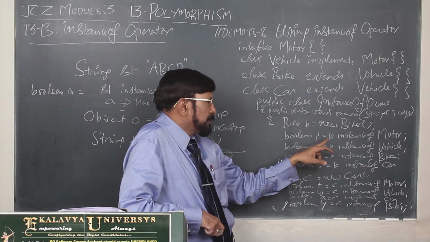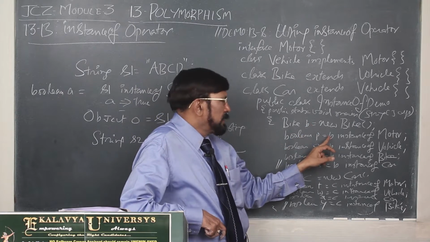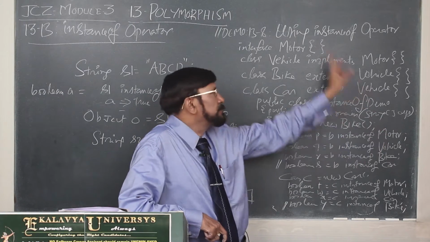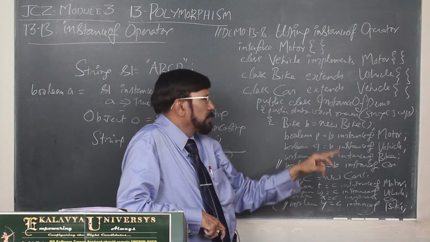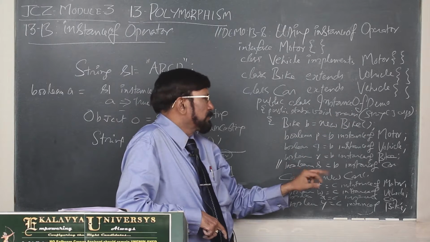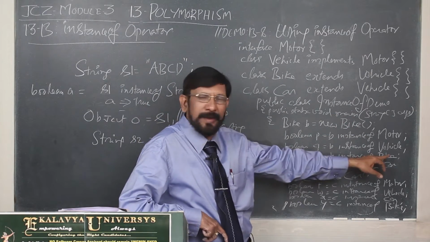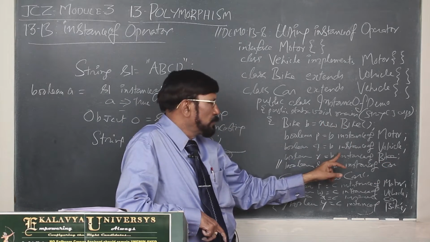Then the instanceof operator demo we are making, Bike B. Here you see B, Bike type reference. B instanceof Motor, true. B instanceof Vehicle, true. B instanceof Bike, true. These three are true.